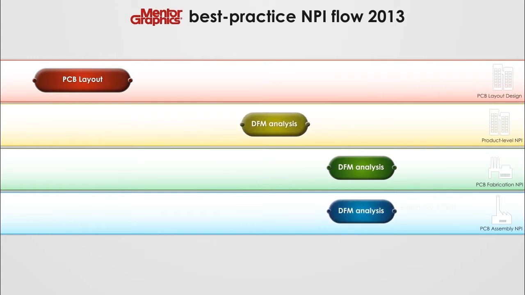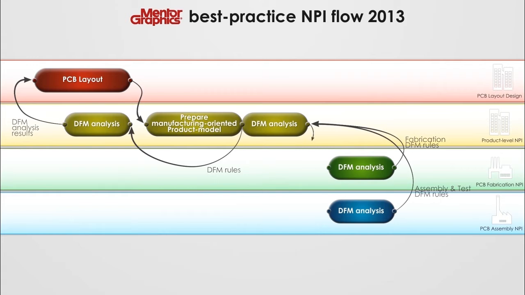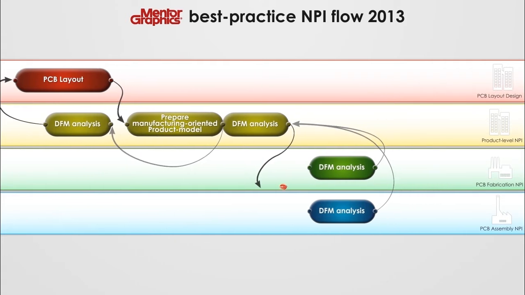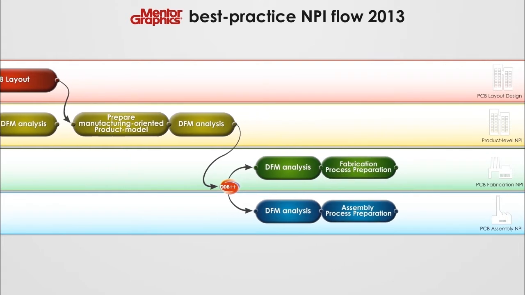The NPI engineers in fabrication and assembly who manage their DFM rules in relation to their manufacturing processes feed their rules to the NPI specialist at the design level, who manages them for use concurrently with the layout process. The result is the preparation of a single integrated ODB++ product model ready for final verification and handoff to the fabrication and assembly NPI departments.